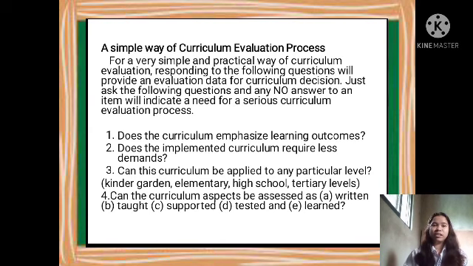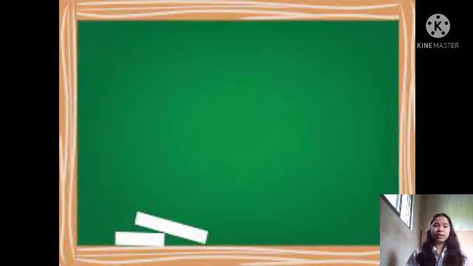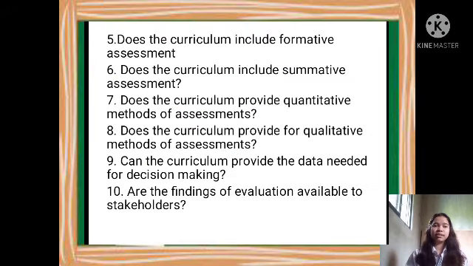Kindergarten, elementary, secondary, and tertiary levels. Number 4, can the curriculum aspect be assessed as written, taught, supported, tested, and learned? Number 5, does the curriculum include formative assessment? Number 6, does the curriculum include summative assessment?